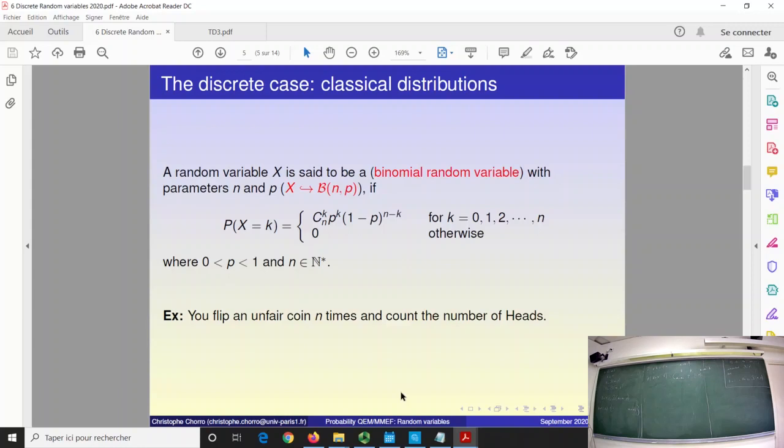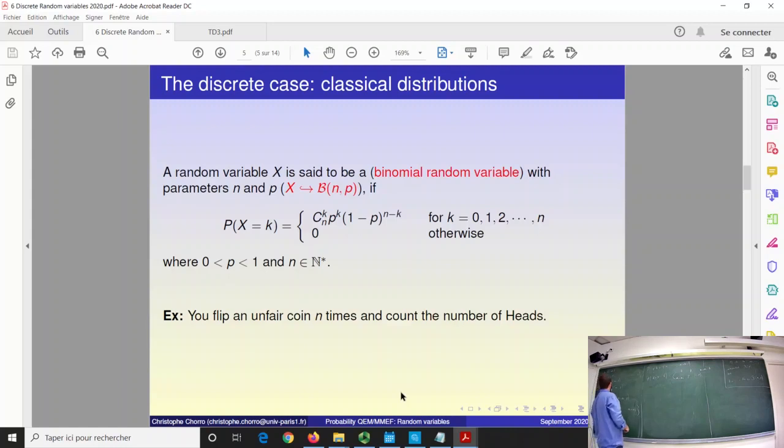If you have in mind the example here, it means that if you define x1 as 1 if I obtain a head and 0 otherwise, if you want to count the number of heads, you just have to do the sum of these variables, taking the value 0 or 1. So if I have this in mind, in fact it's finished. Why?